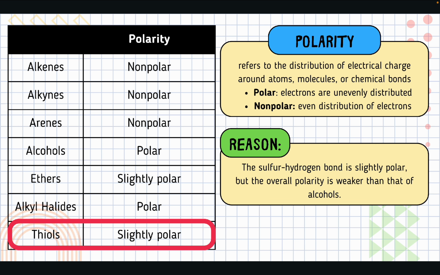Lastly, thiols are slightly polar. The sulfur atom in thiols is more electronegative than hydrogen, but less electronegative than oxygen in alcohols. This creates a weaker dipole compared to hydroxyl groups, resulting in a slightly polar bond. Thiols have less hydrogen bonding potential compared to alcohols.